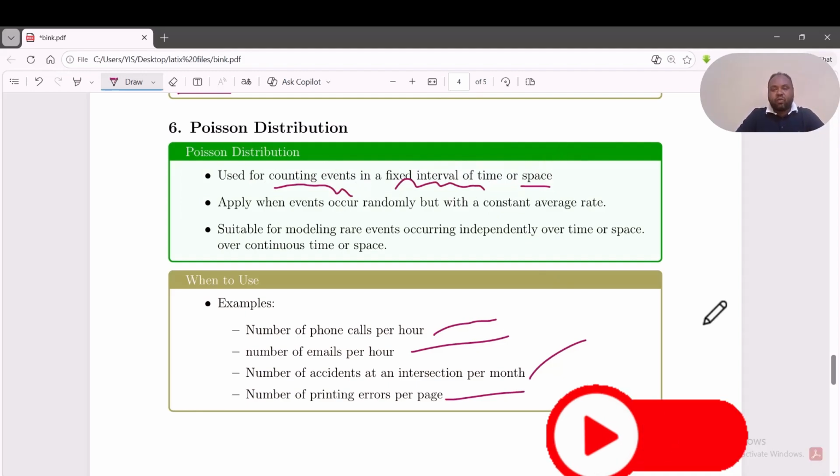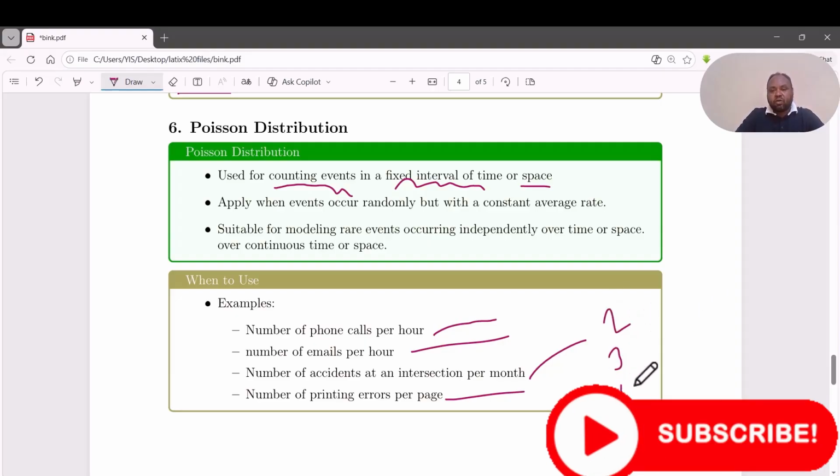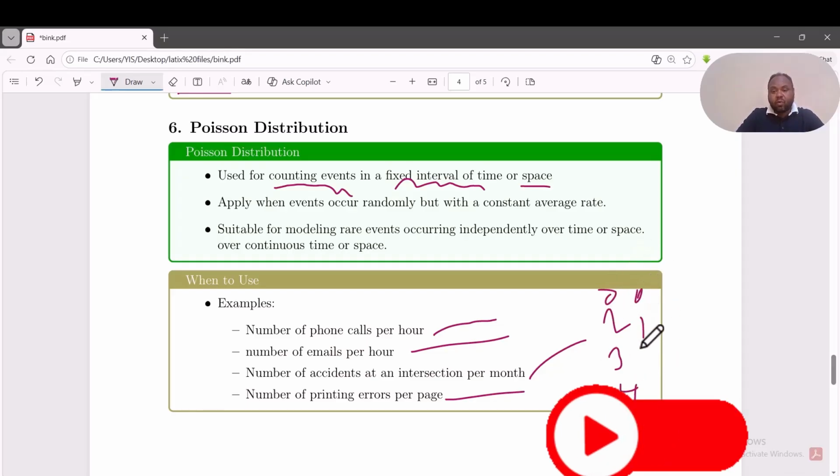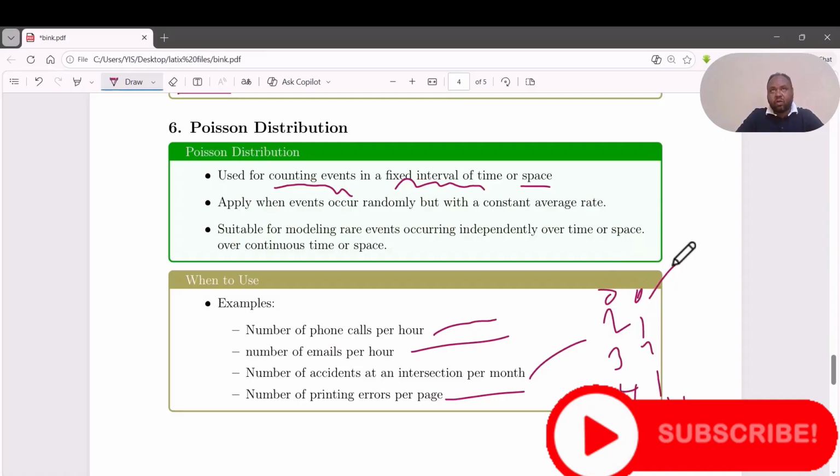For an interval of an hour, what's the probability of getting phone calls, for example, 2 calls, 3 calls, 4 calls, 5 calls, or no calls per hour? These are the possible outcomes here: 0, 1, 2, 3, 4, meaning no call per hour, 1 call per hour, 2 calls per hour, 3 calls per hour. The same is true for the number of emails per hour.